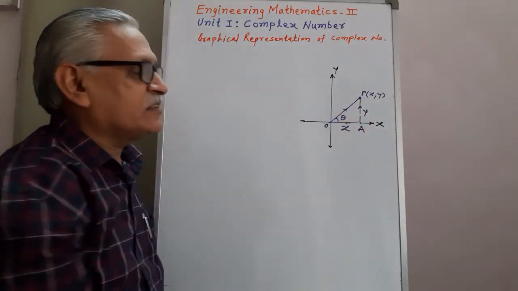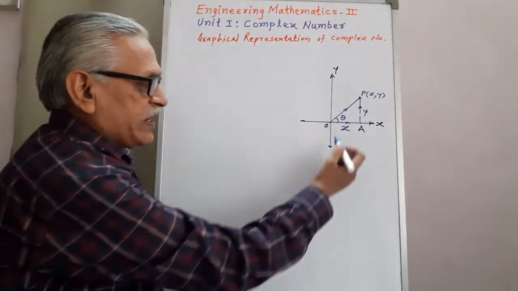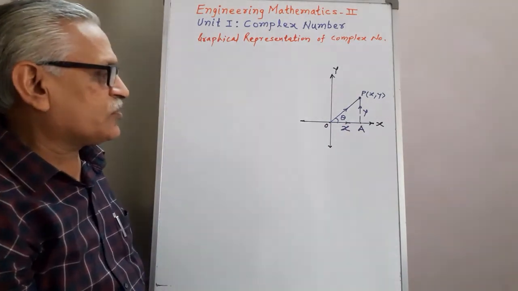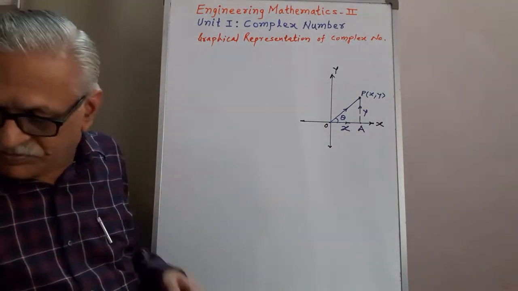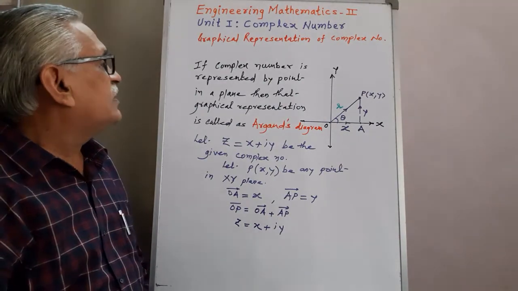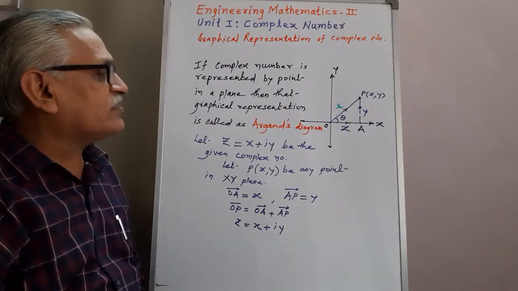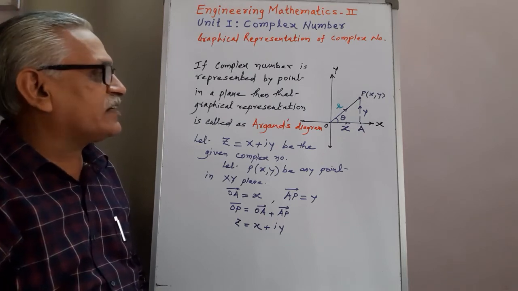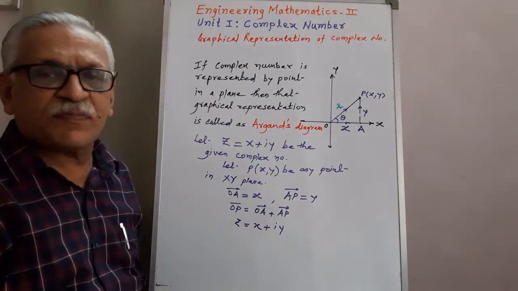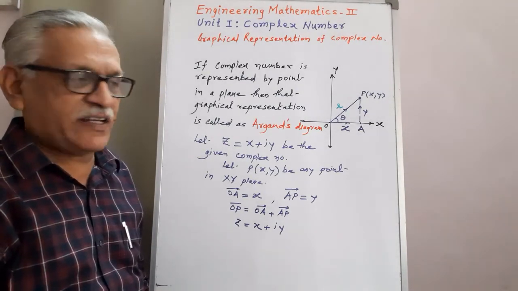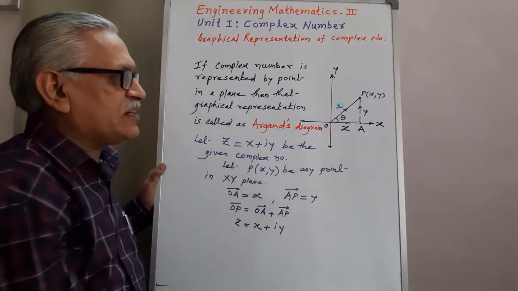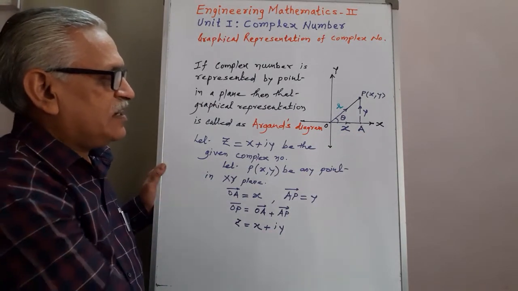Vector OP is called a radius vector, making an angle theta with the positive x-axis. If a complex number is represented by a point in a plane, then that graphical representation is called an Argand diagram. Therefore, this is the Argand diagram, the graphical representation of that complex number.